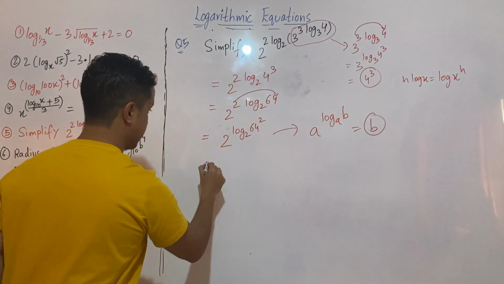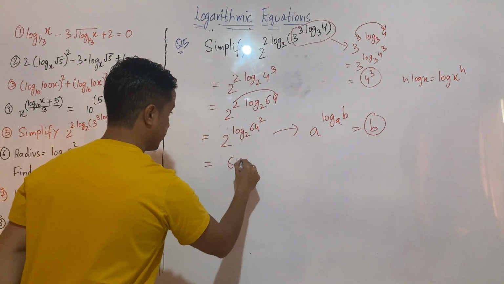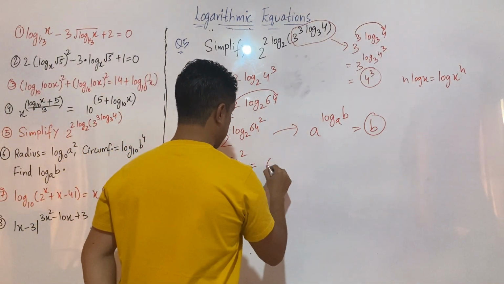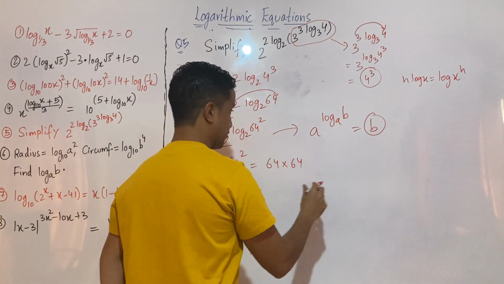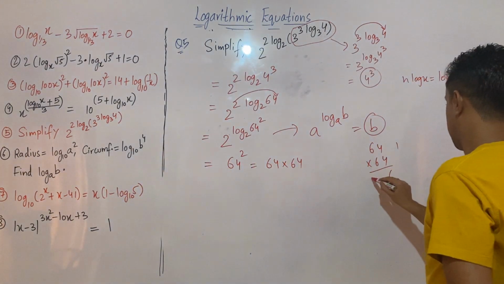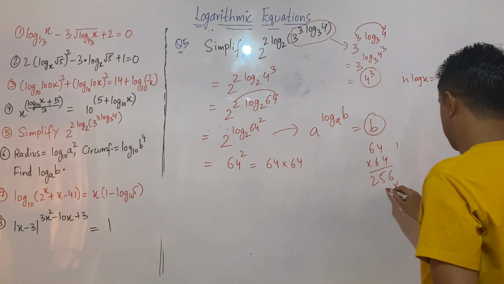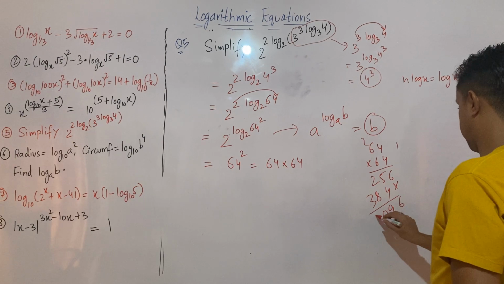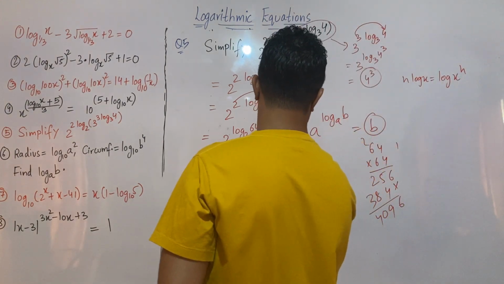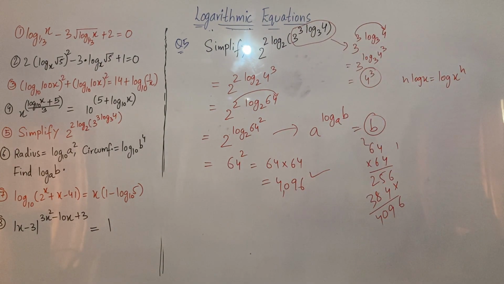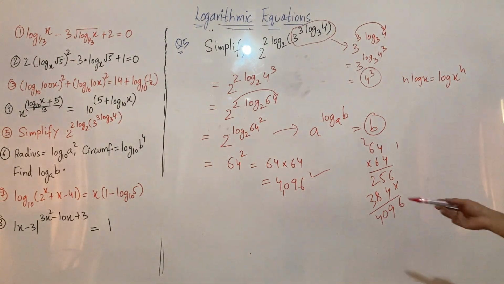So this thing is going to be 64 squared. So your answer is going to be 64 times 64. What is 64 times 64? This is 4096. So this is going to be your answer. That's how you have to approach this problem.